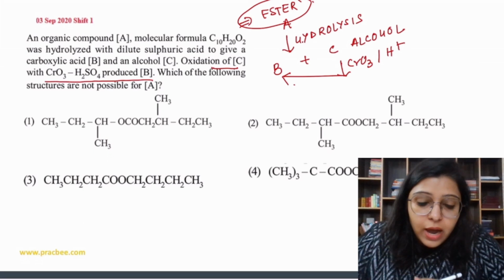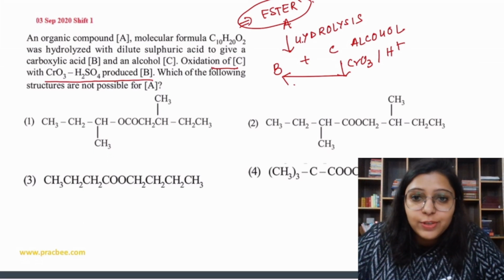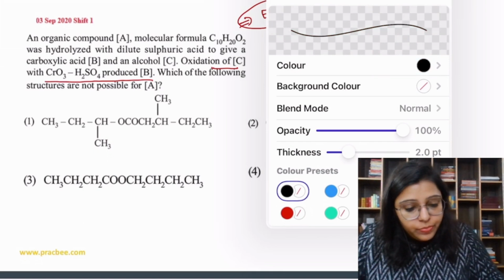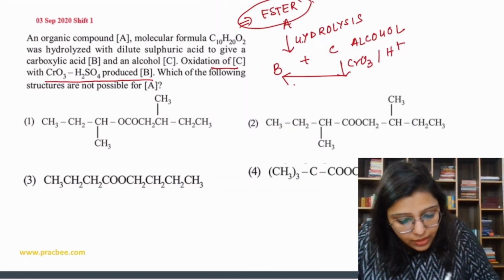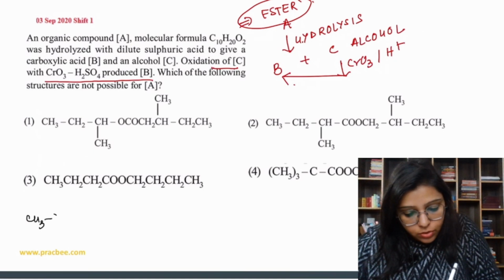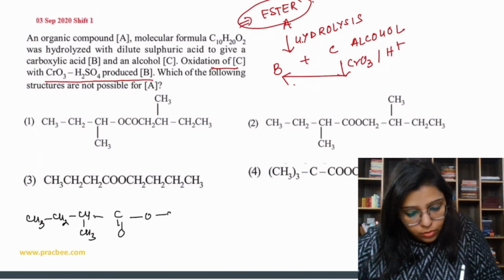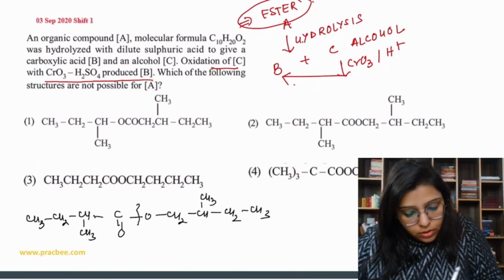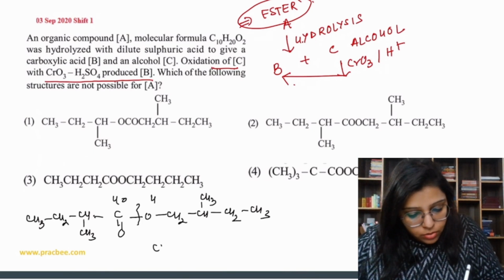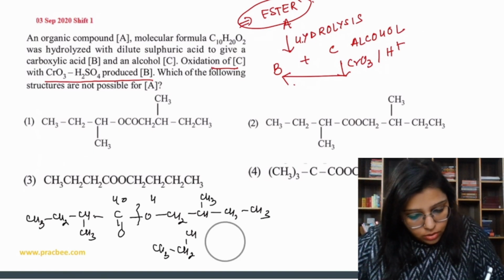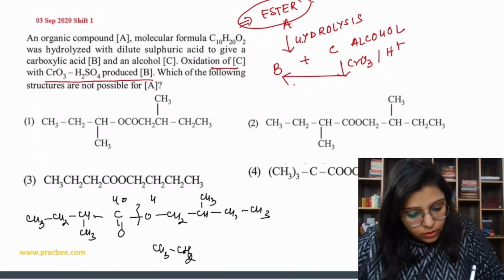So what you need to do is the dissociation, and then find out which of the structures is not possible. Suppose we have option 1: CH3CH2CH(CH3)C double bond O, O, CH2CH(CH3)CH2CH3. On hydrolysis, we write OH over here and H over here. So we get CH3CH2CH(CH3)CH2OH.